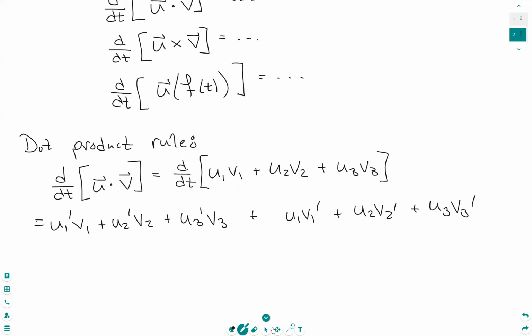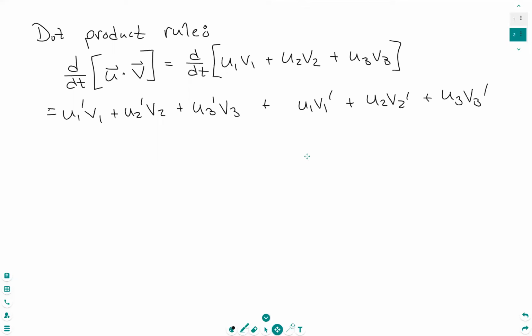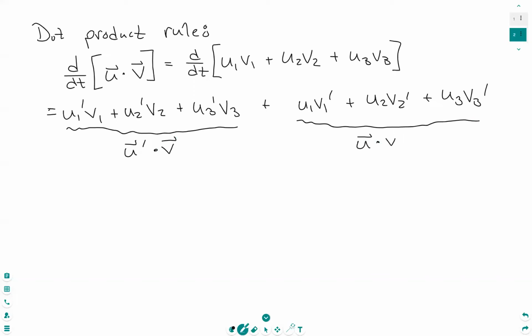And I've kind of written it this way because we can look at each of these groupings here. This thing right here, this is u prime dotted with v. And this thing here, this is u dotted with v prime.